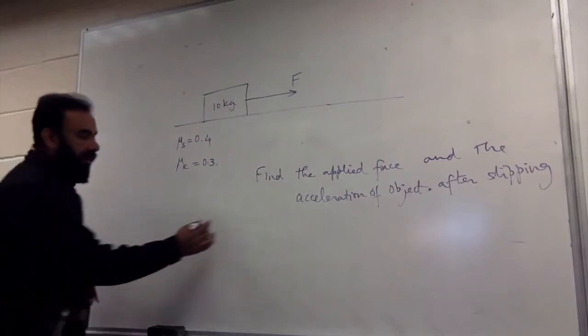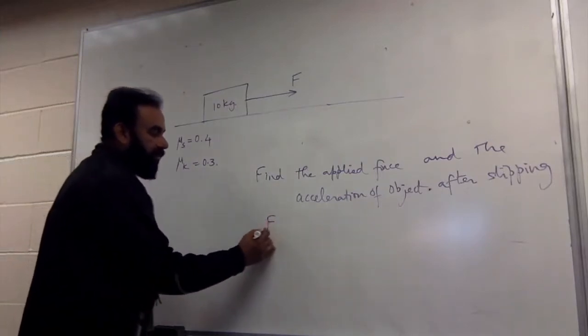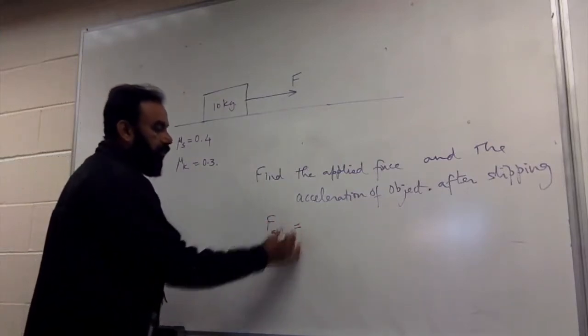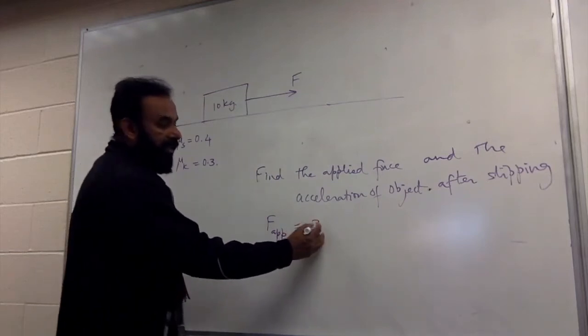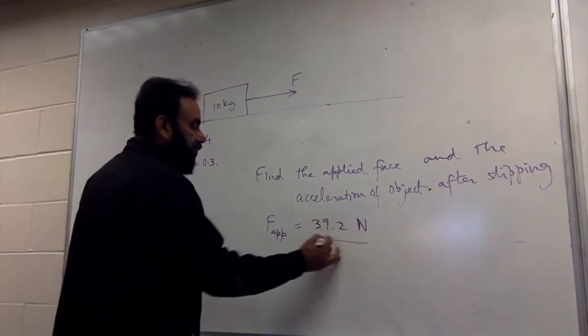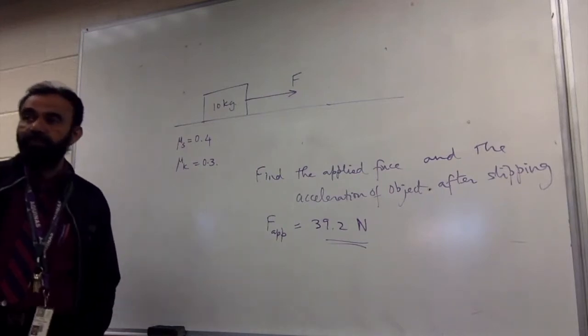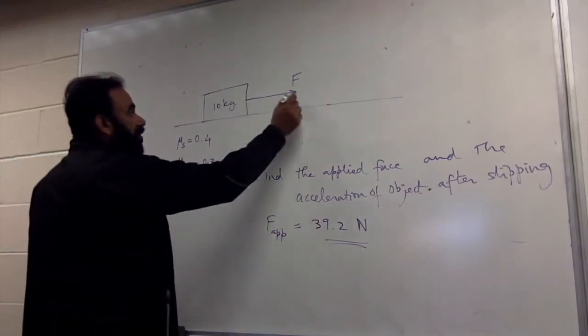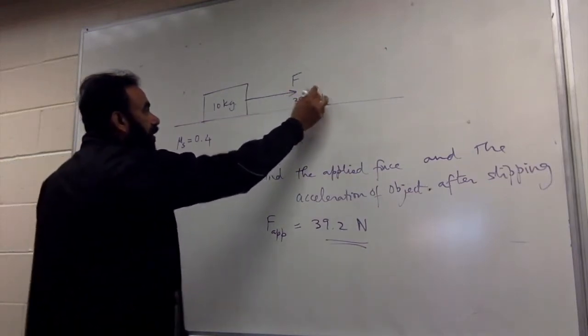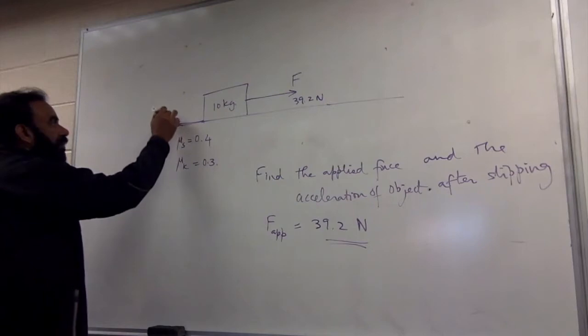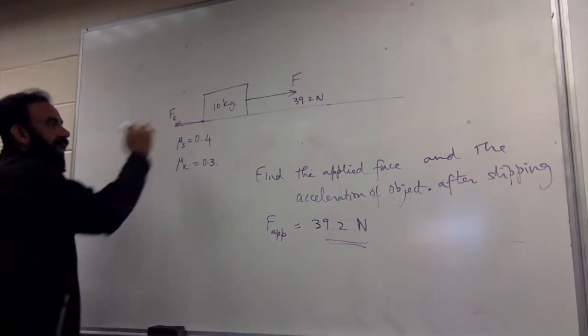So the answers come out like this. The applied force for it to just slip comes out to 39.2 newtons. And what happens after it slips is definitely an acceleration, because the force is still 39.2 forward, but the force backward is now not Fs but Fk.